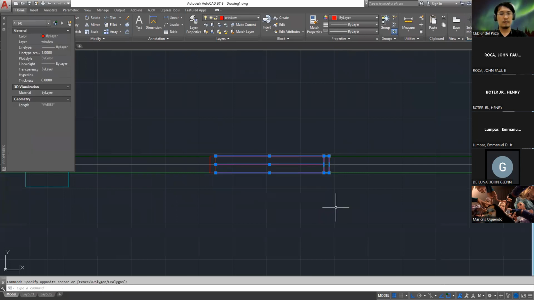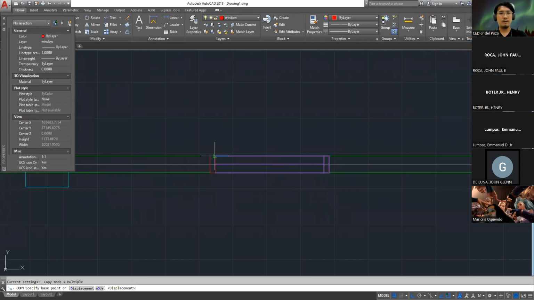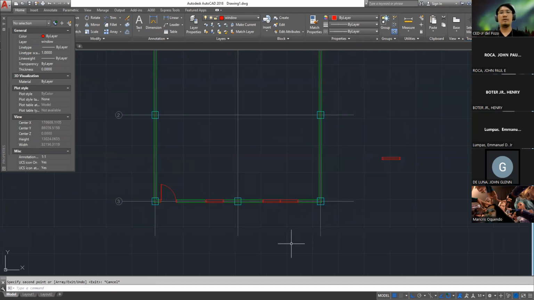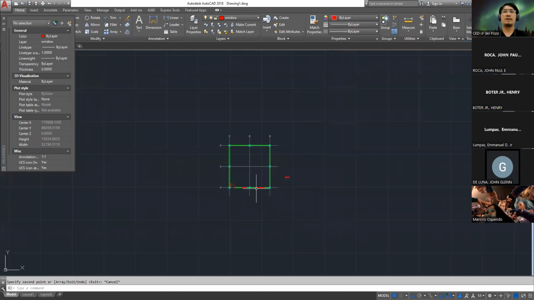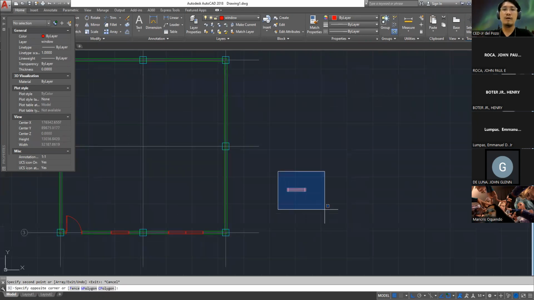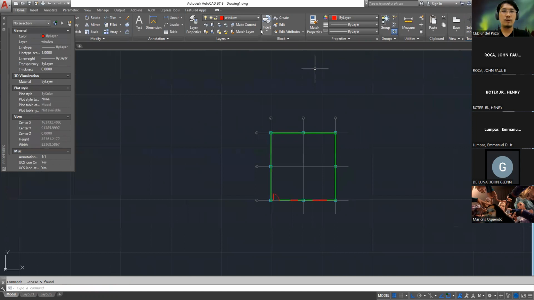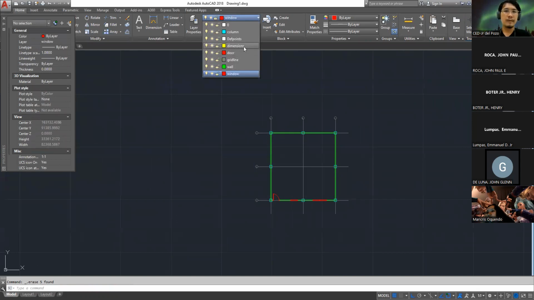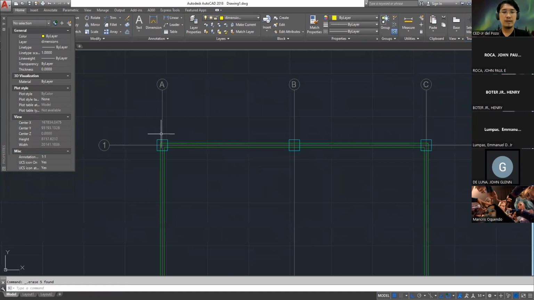Yan. Ang dalawa yung binubuksan nyo. Okay, tapos na tayo sa window. Punta tayo sa dimension. So in dimension, grid to grid ang paglagay ng dimension.